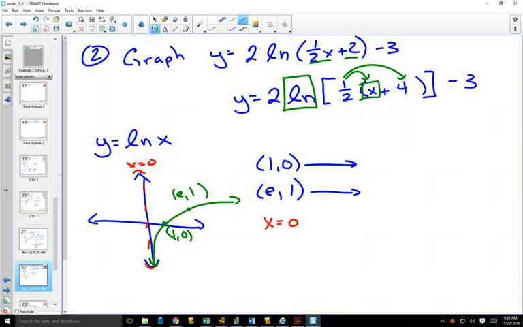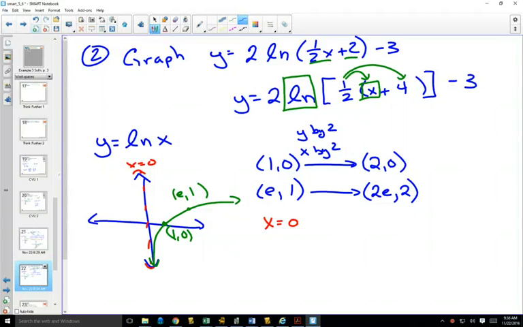Moving from left to right, we have a horizontal stretch and a vertical stretch. We're going to multiply our y by 2 and our x by 2. Right, we have to remember that for our horizontal stretches, we multiply by the reciprocal. So we're going to get 2, 0 and 2e, 2.